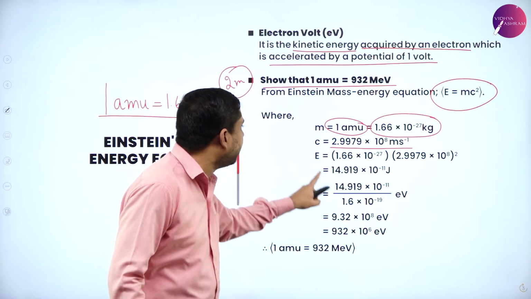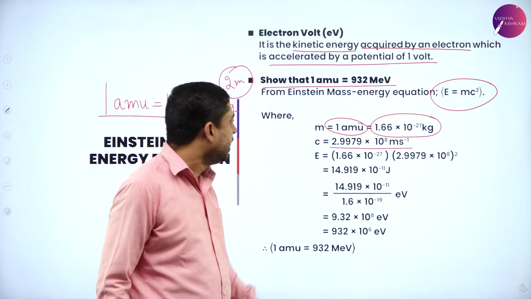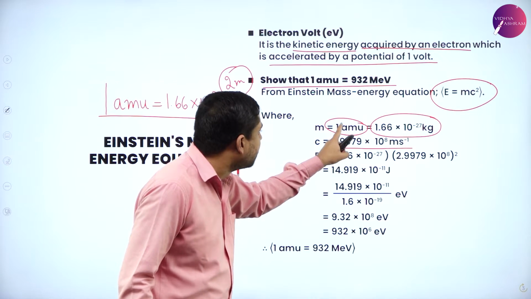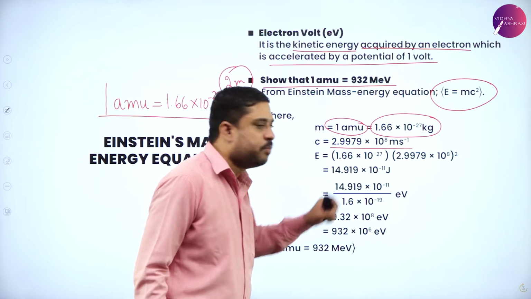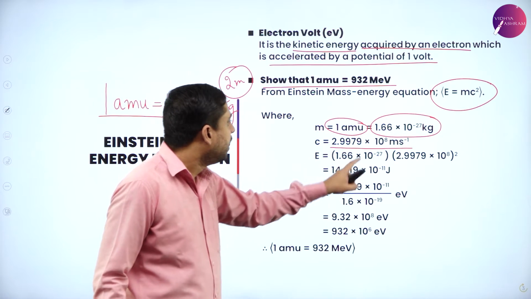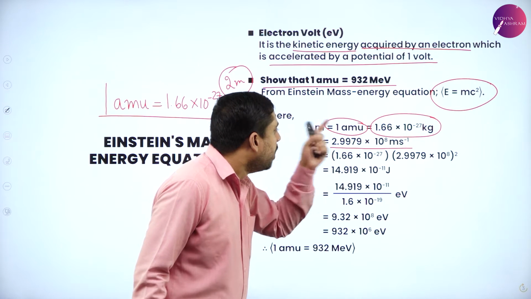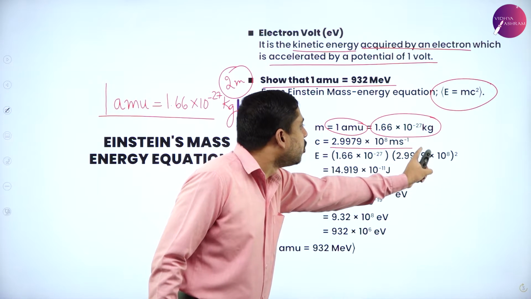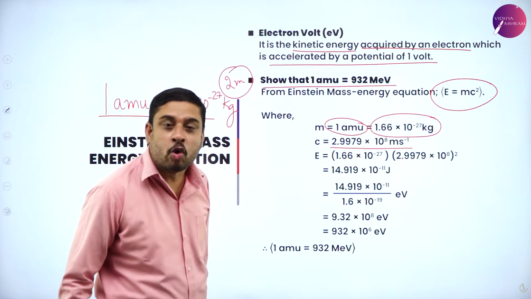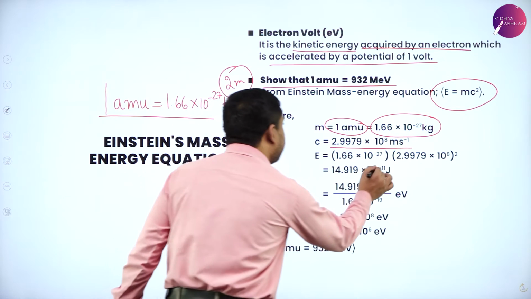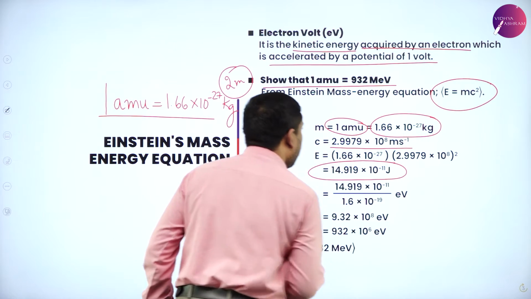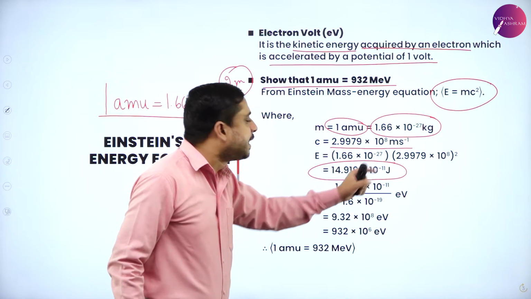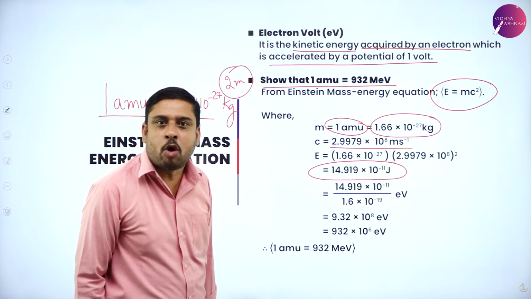So substituting, E equals m c square, 1.66 into 10 power minus 27 into c square, 2.9979 into 10 power 8 whole square, which gives me the value 14.919 into 10 power minus 11 joules.